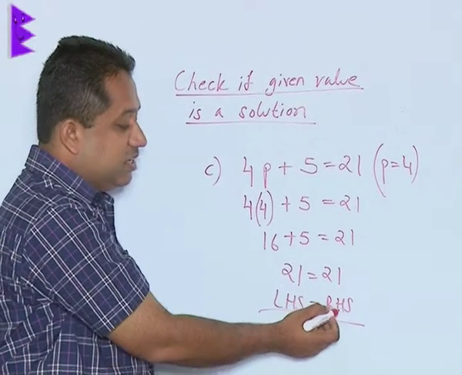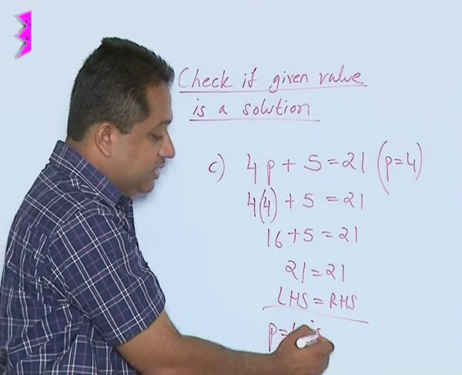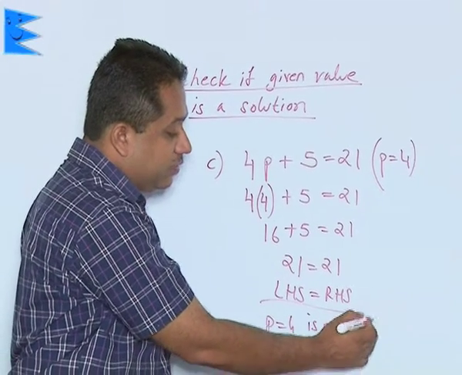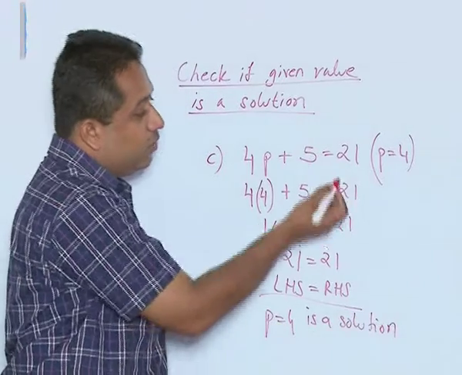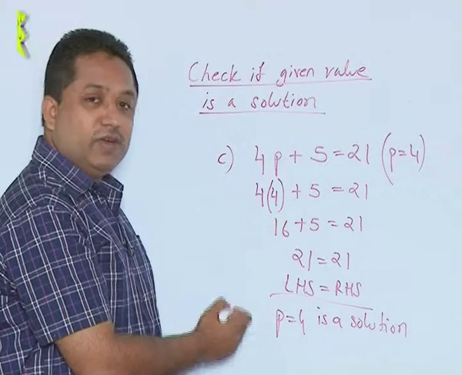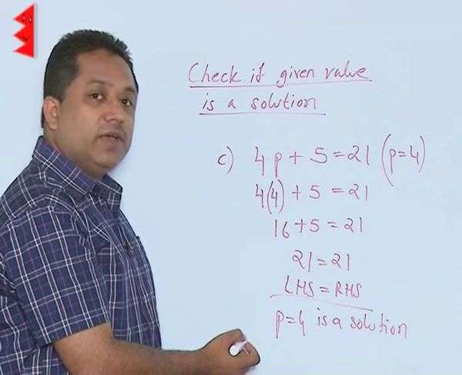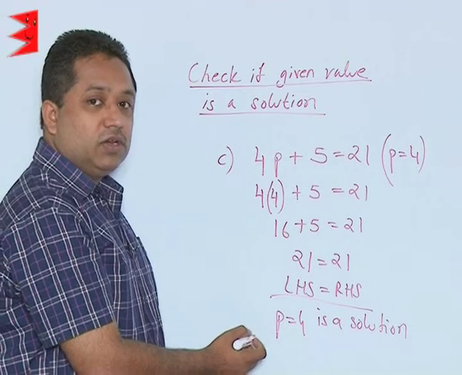So, since LHS equal to RHS, I can say that p equal to 4 is a solution of this particular equation. So, whatever values are given to us, it may be a solution or it may not be a solution. You will have to substitute in the equation and find out for yourself whether LHS equal to RHS or not.